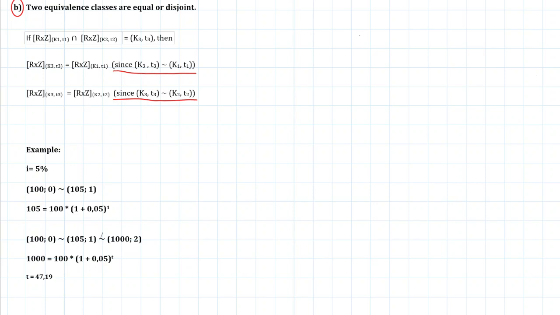So that means that if the equivalence classes of K1 and K2 are not disjoint, then they are the same. Because each element of the given set thus lies in exactly one equivalence class.